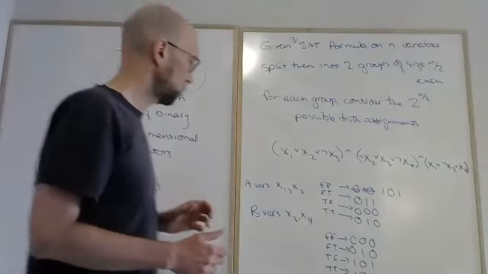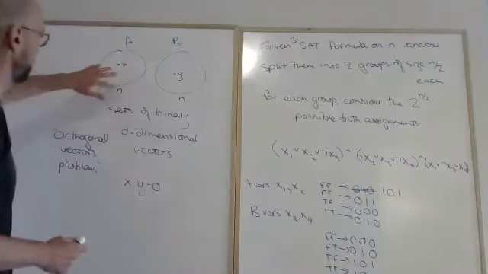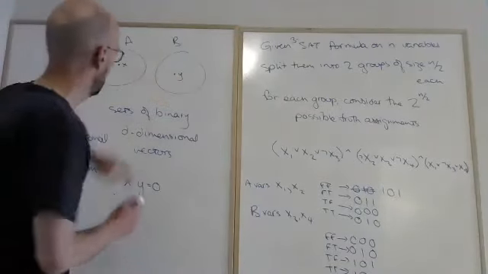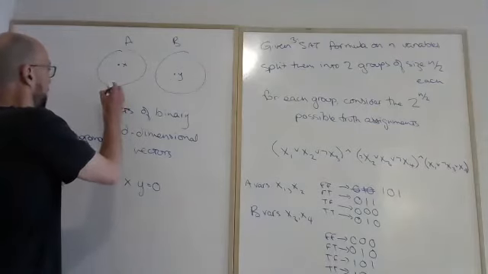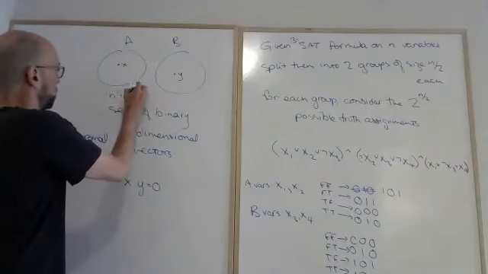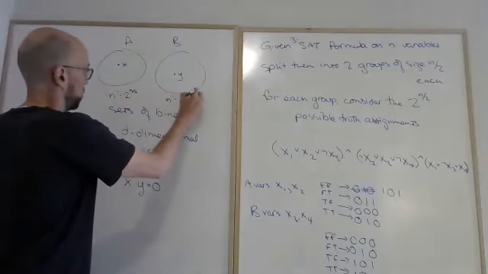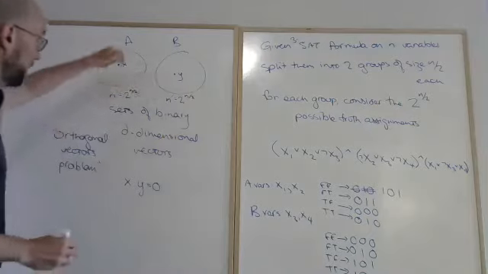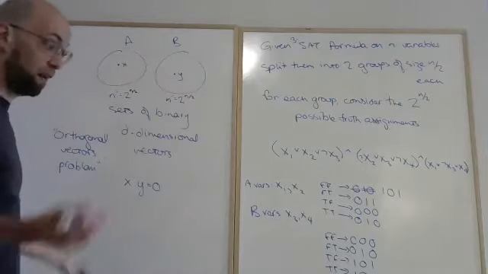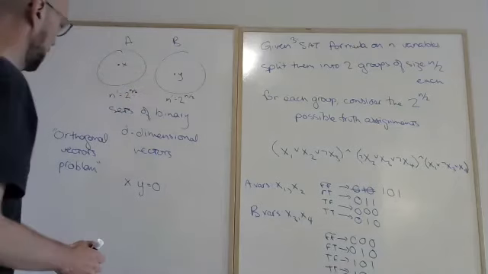So suppose I could do orthogonal vectors. Now this is n prime equals 2 to the n over 2. Well, suppose I could do this problem in better than n prime squared time.